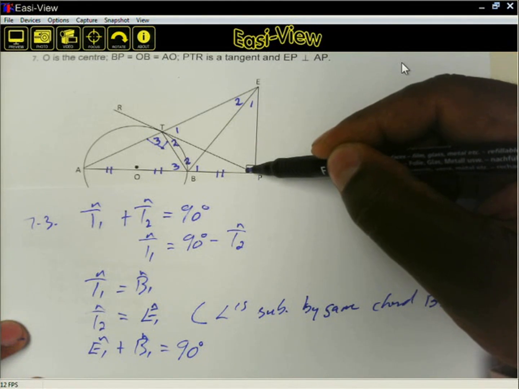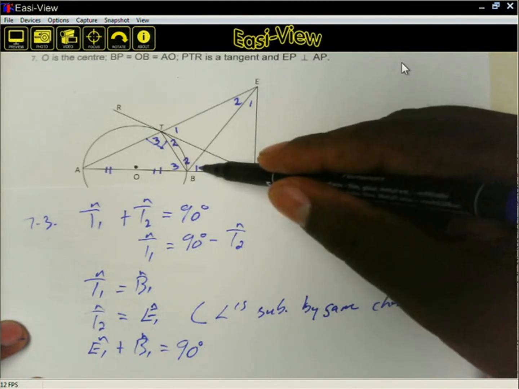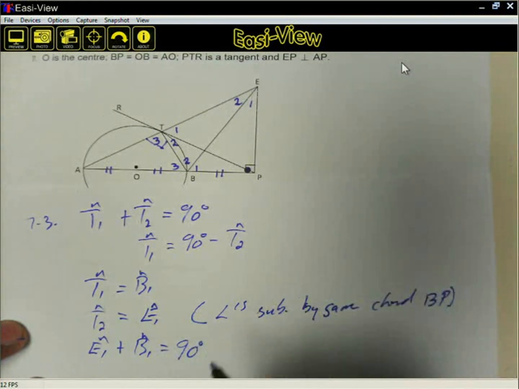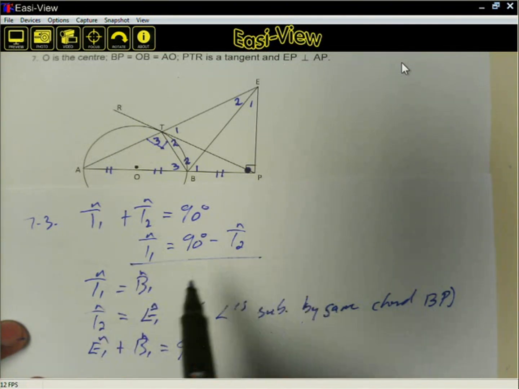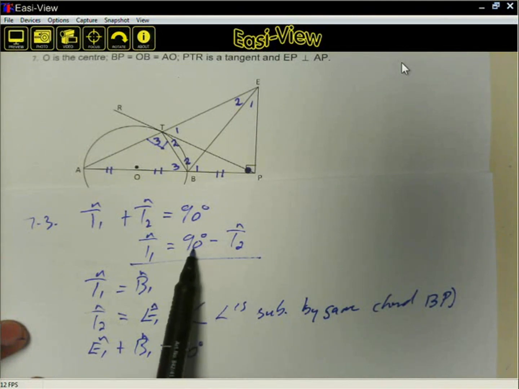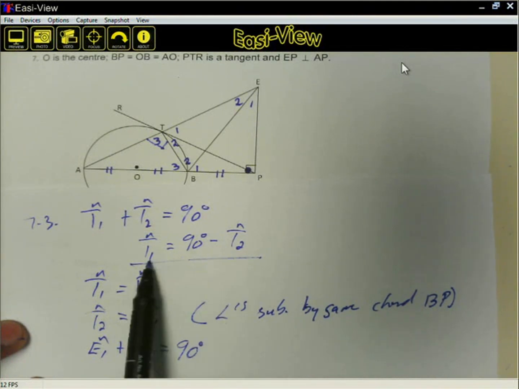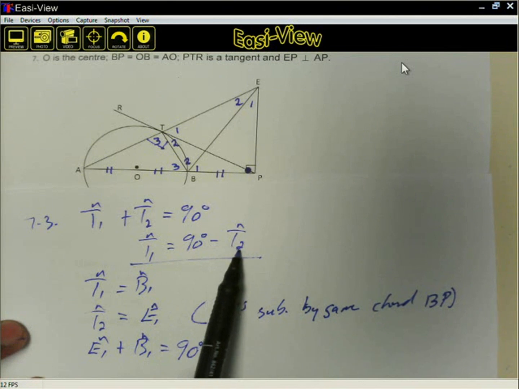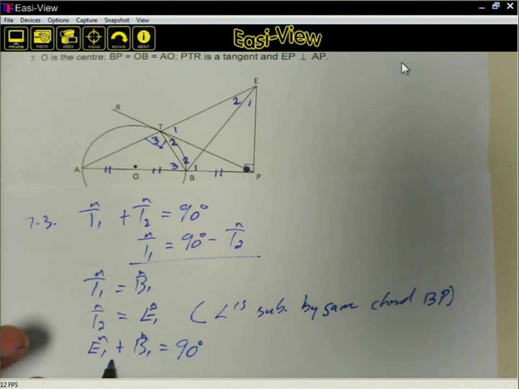So if you transpose 90 to the other side, you'll be left with B1 plus E1 equals 90, from the theorem that states angles of a triangle are supplementary. Then check T1. We said T1 is equal to 90 degrees minus T2. Now I'm saying E1 plus B1 is equal to 90 degrees.